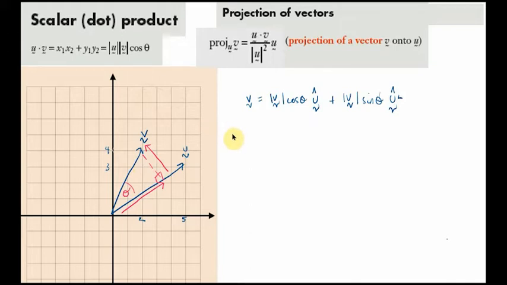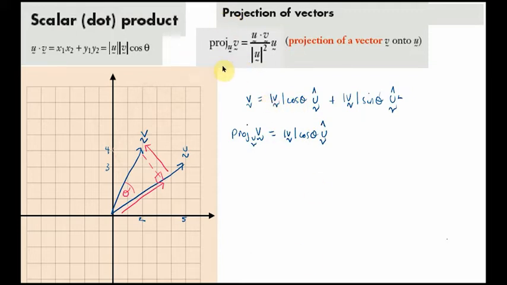So just looking at the component of v that's in the direction of u, the projection of v in the direction of u equals v cos theta times a unit vector in the direction of u.